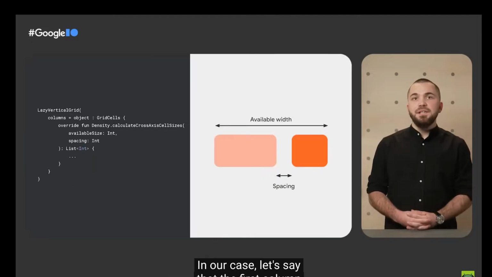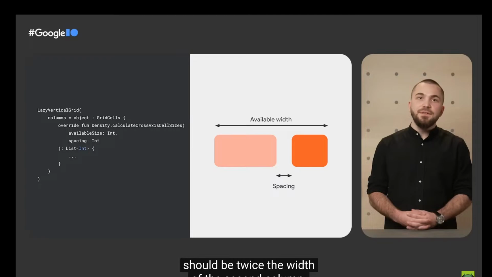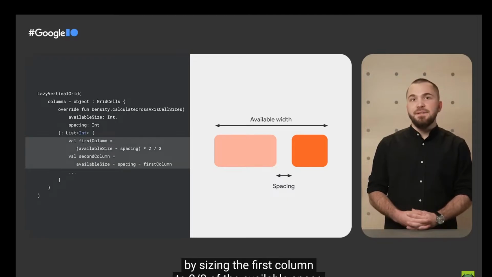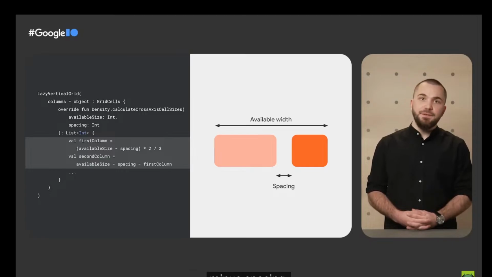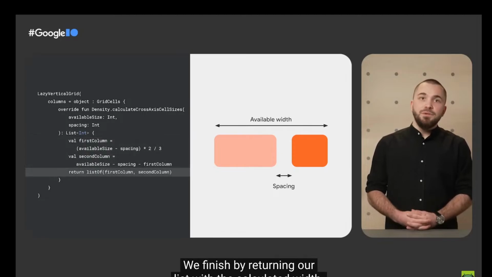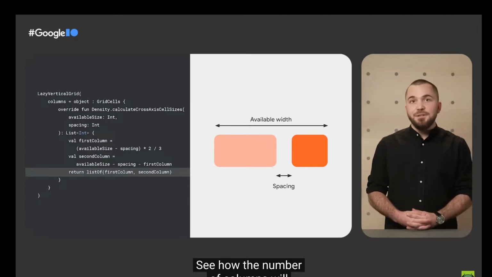In our case, let's say that the first column should be twice the width of the second column. We calculate the widths of the columns by sizing the first column to 2/3 of the available space minus spacing. The second column will occupy the remaining space. We finish by returning a list with the calculated widths. See how the number of columns will be equal to the length of the returned list.